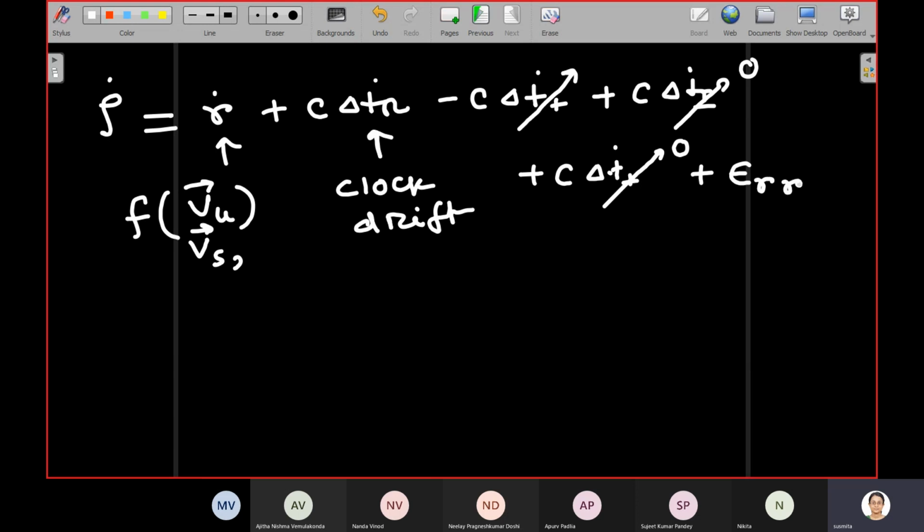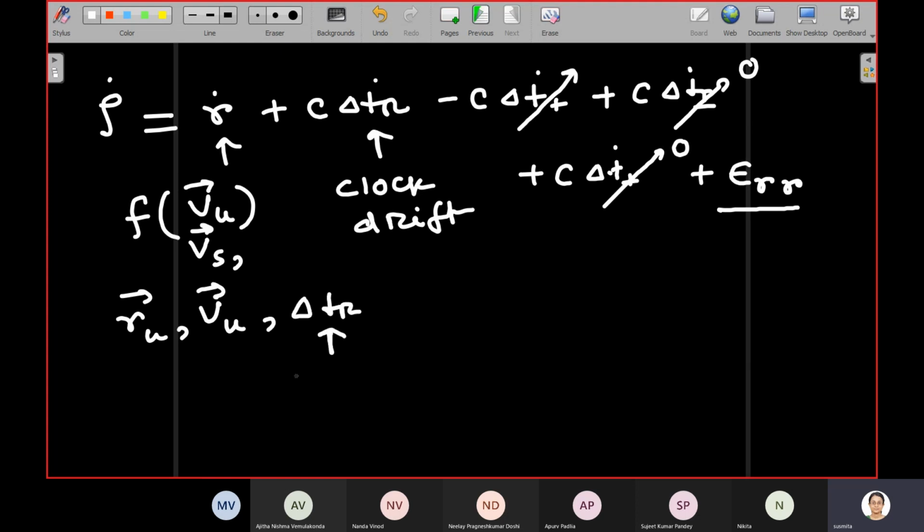It will not be epsilon dot, okay? You will have equivalent noise and multipath contribution for pseudo range rate. So that is represented as epsilon RR. Okay. So by grouping pseudo range rate measurements and pseudo range measurements together, we can find user position, we can find user velocity, we can also find the clock error.